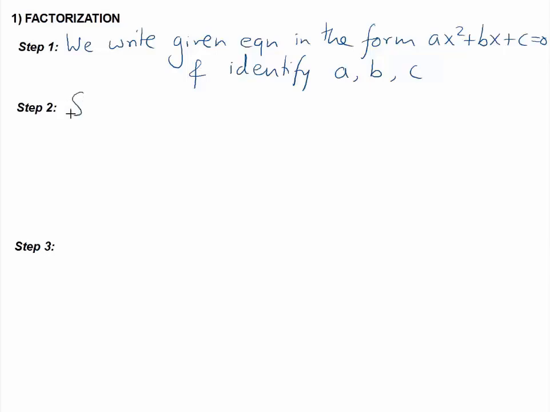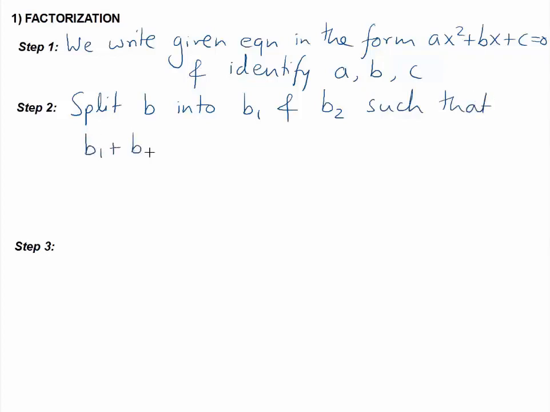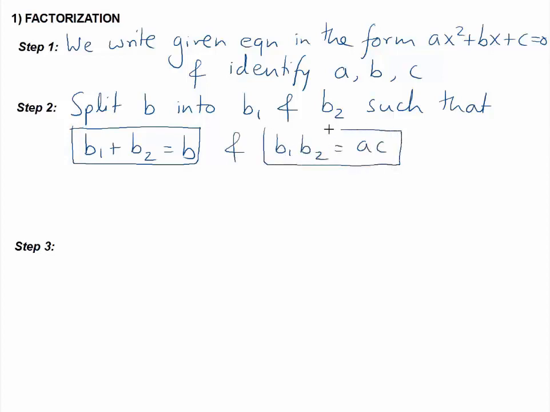The second step is we split b into two parts, b1 and b2, such that b1 plus b2 equals b, and b1 multiplied by b2 equals ac. These b1 and b2 are obtained by hit and trial, following these constraints, ensuring these two equations are true. Students would require a lot of practice to be able to do the split.